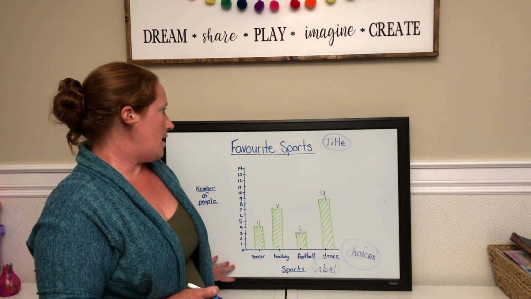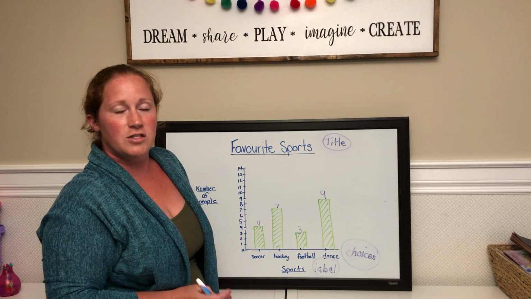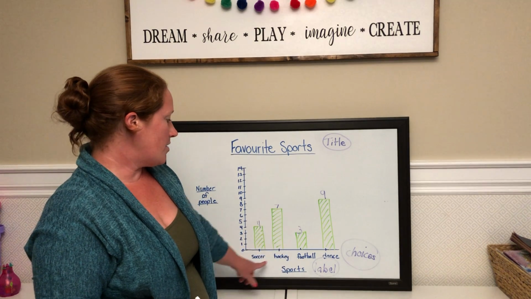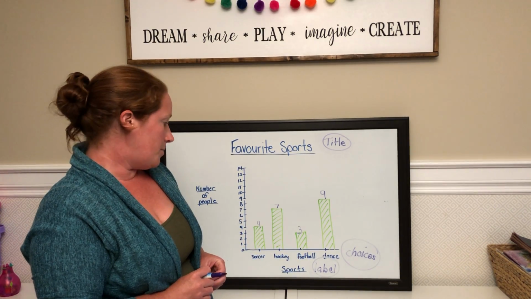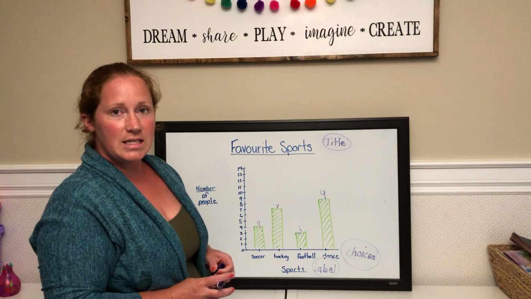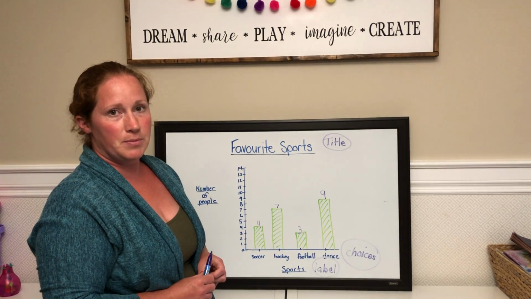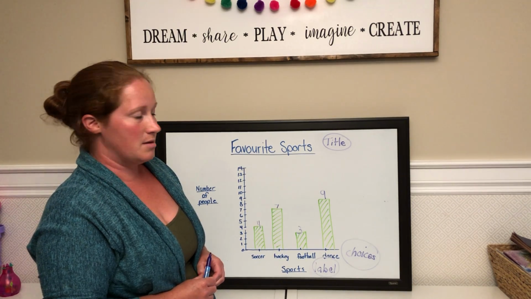When we see bar graphs, we can use them to compare the data, just like we did with the picture graphs. So we can compare these sports. We can say things like football was liked the least by people. Or we could say the most people chose dance as their favorite sport.